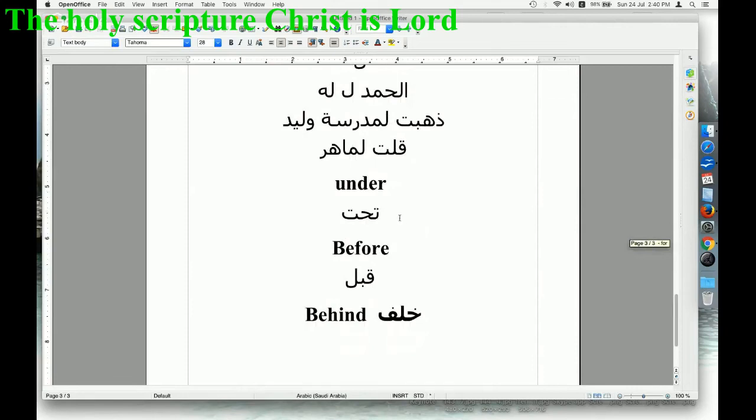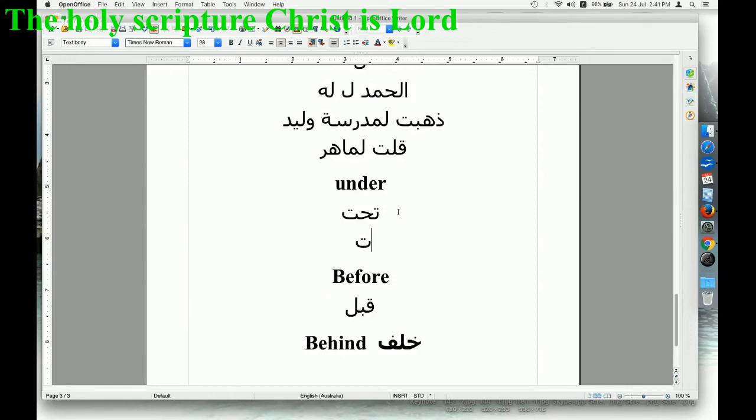Now, we are going to go to another word, or a tool, which is تحت. تحت is under. So you ask me, where do you put my shoe? I say تحت الطاولة. تحت, underneath the table. تحت الطاولة, or under the table. Right? And you name it. تحت can be used for anything.